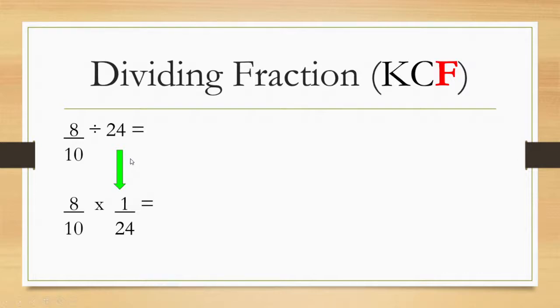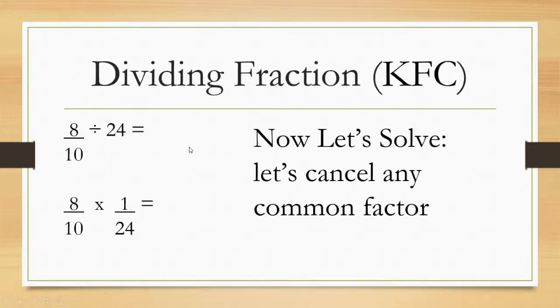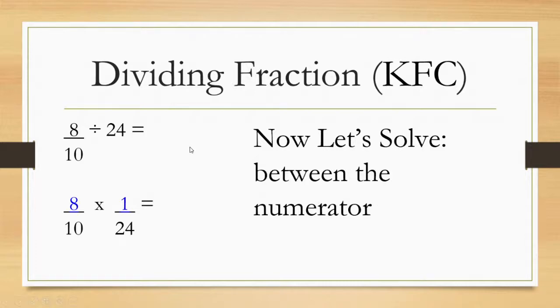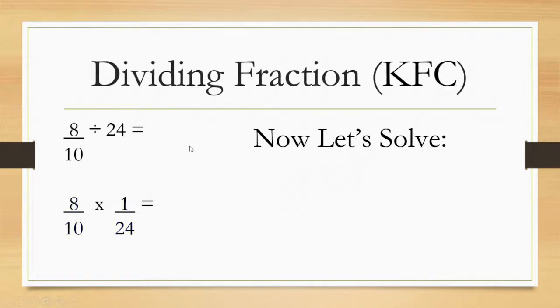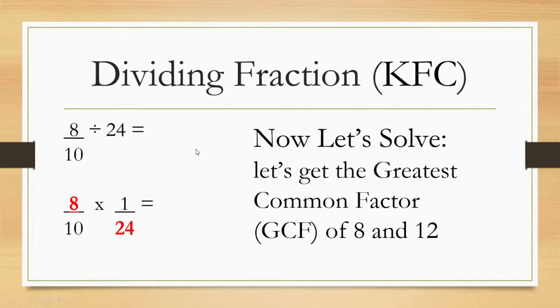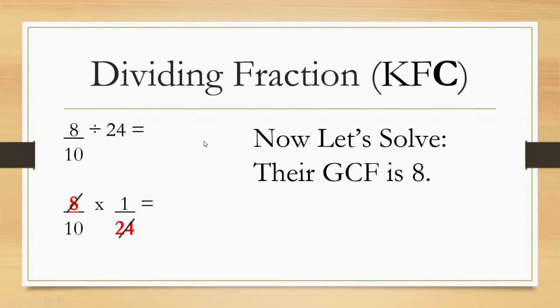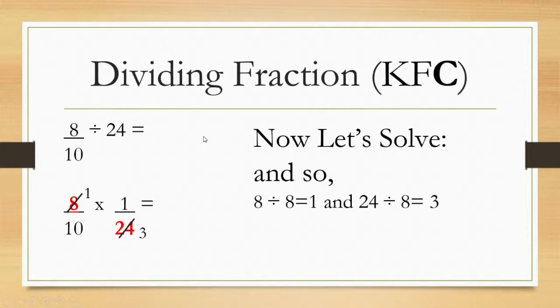Kabaliktaran ng 24 over 1 is 1 over 24. So we could use cancellation, a common factor among the numerator and the denominator, which is 8 and 24. So 8 and 24 could be divided by 8. So 8 divided by 8 is 1.